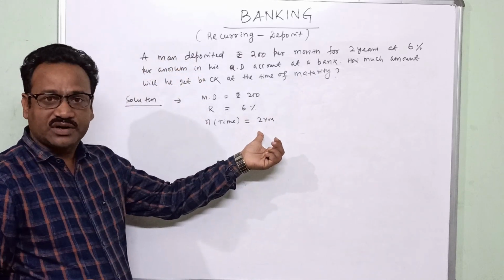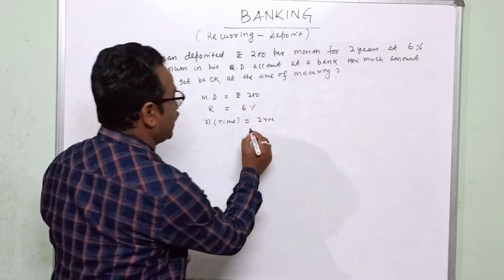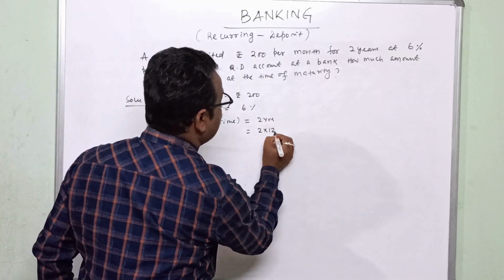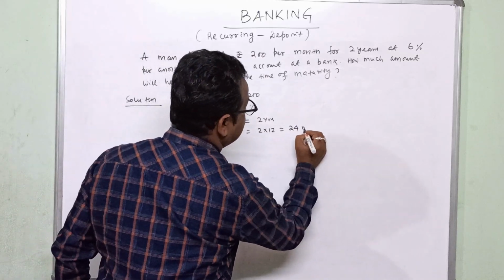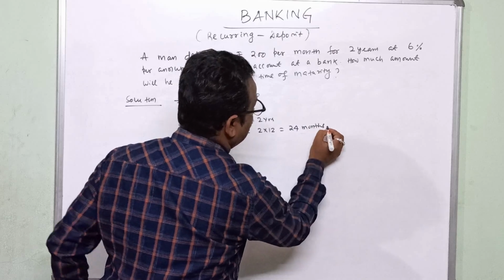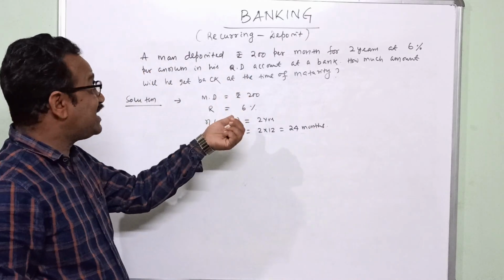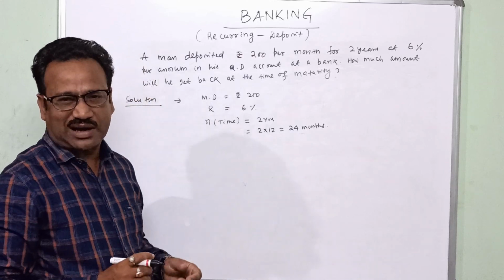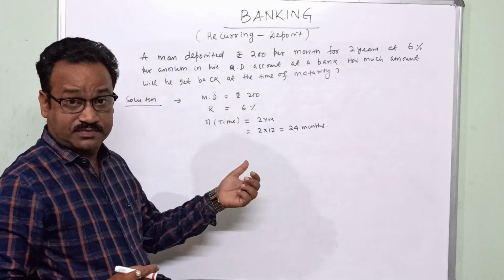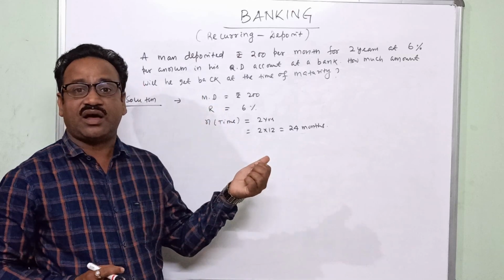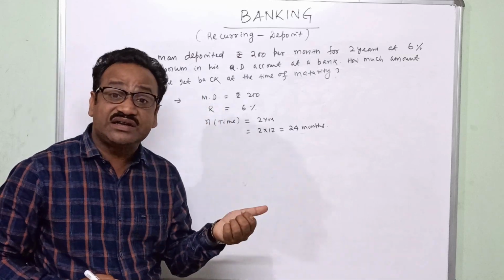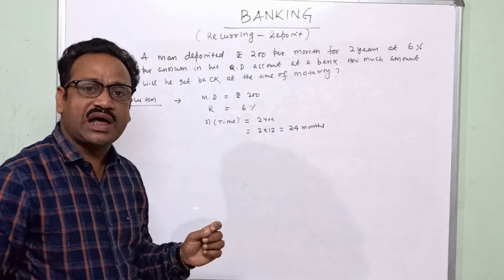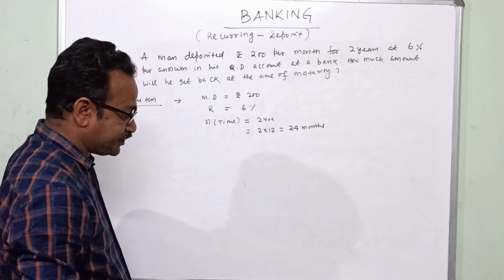We have to convert it into months: 2 into 12 is equal to 24 months. So you have to write the data correctly from the question to your answer sheet, otherwise there will be a calculation error. Please recheck your data while transferring it from the question to the answer sheet.